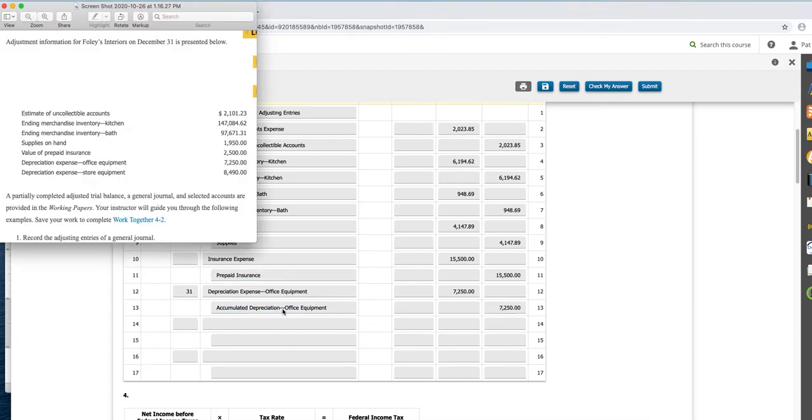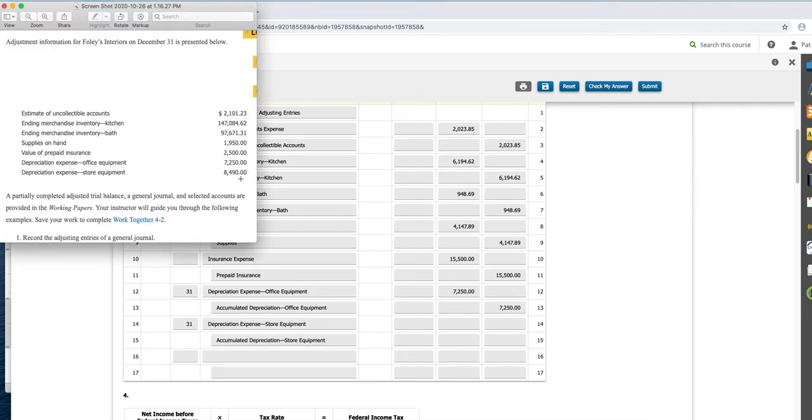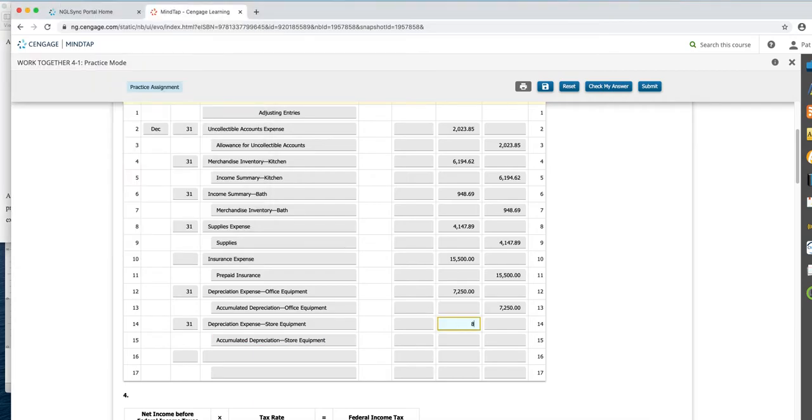We do the same for store. Depreciation store. The amount they have is 8,490. We do 8,490. The last one is going to be federal income tax expense.